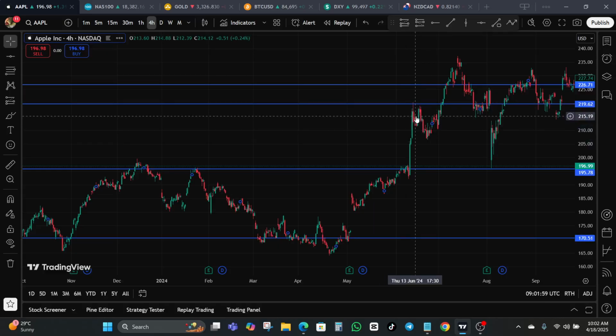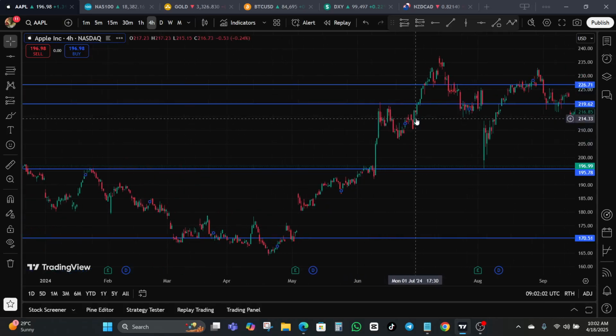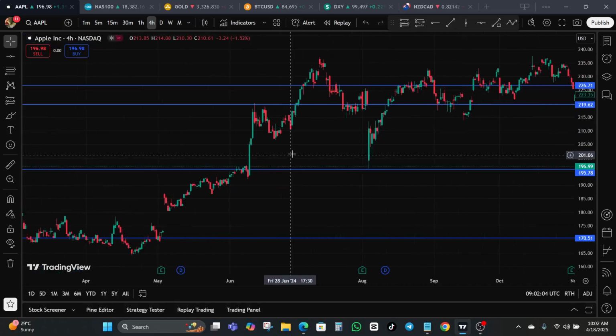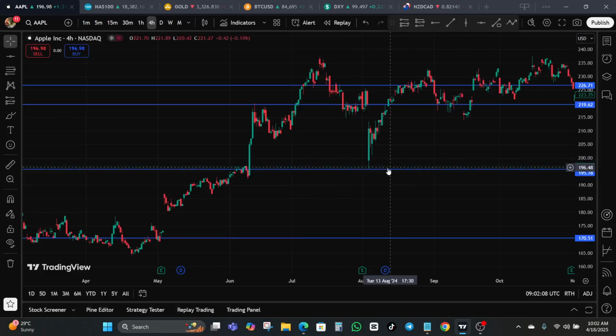And remember that when a resistance is broken, it turns into a support. So the next time price retested this zone, it got rejected because this has now turned into a support, and price climbed back up and broke above this resistance. When price broke above this resistance, it went up, and then after price got rejected at this point, it came again, broke above this resistance and went up again.